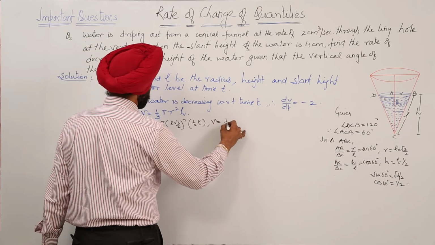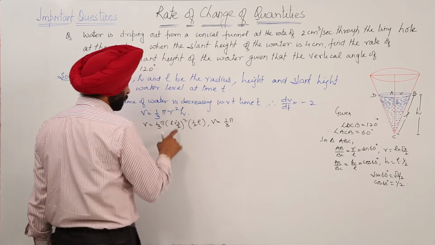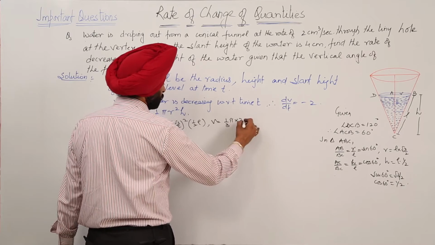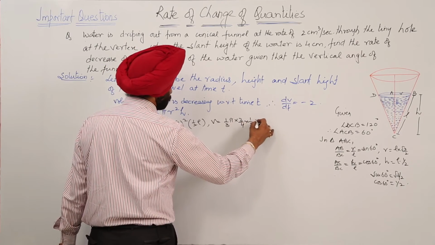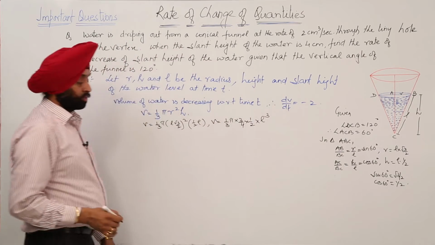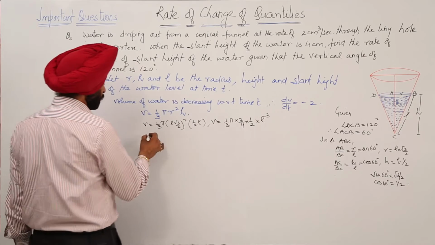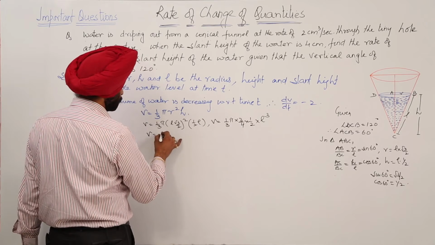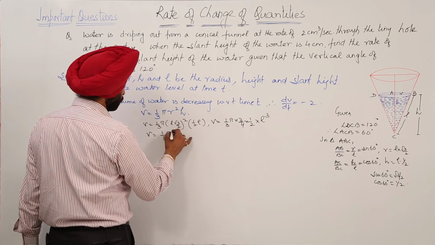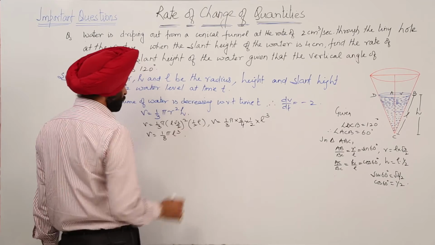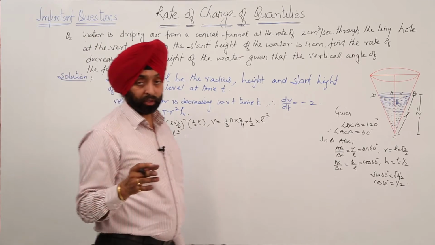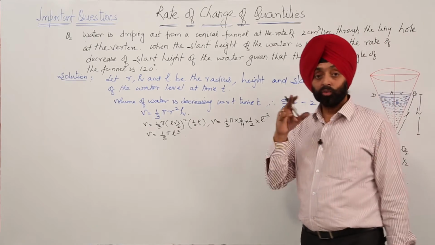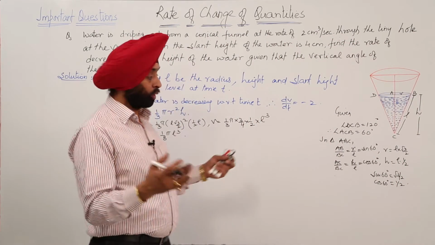V is equal to 1 upon 3 pi root 3 by 2, 3 by 4 into 1 by 2 into L cube. Okay, so what we are getting? V is equal to, now 3 and 3 cancel, 1 upon 8 pi L cube. So we have changed both the variables R and H with respect to L using trigonometry. Otherwise there was no option for us.